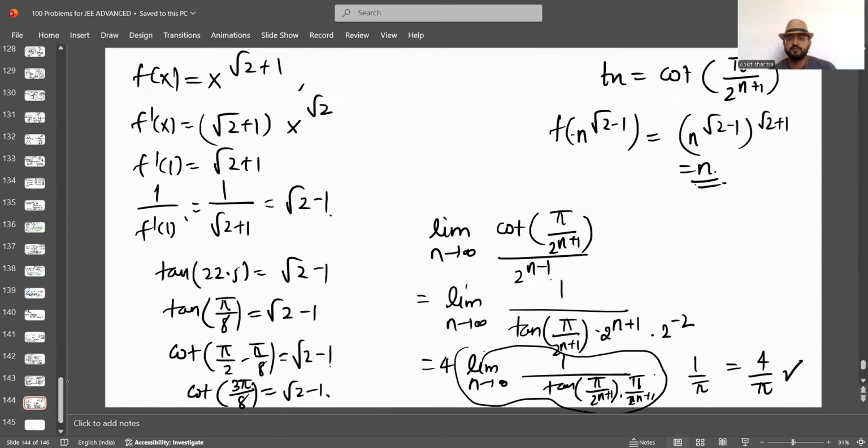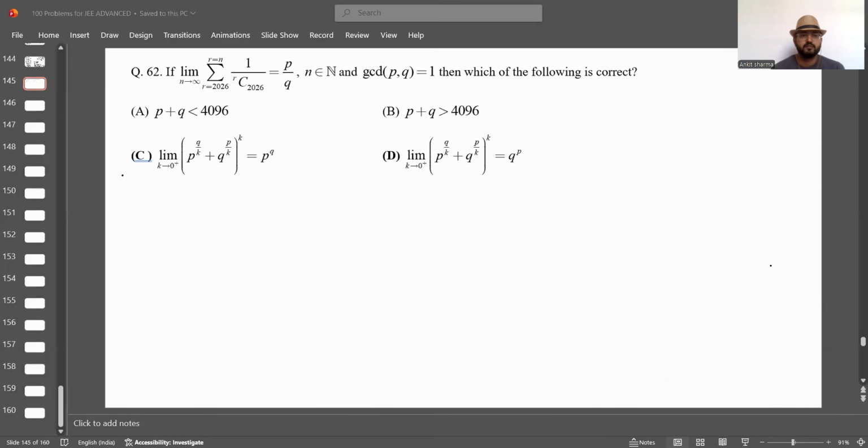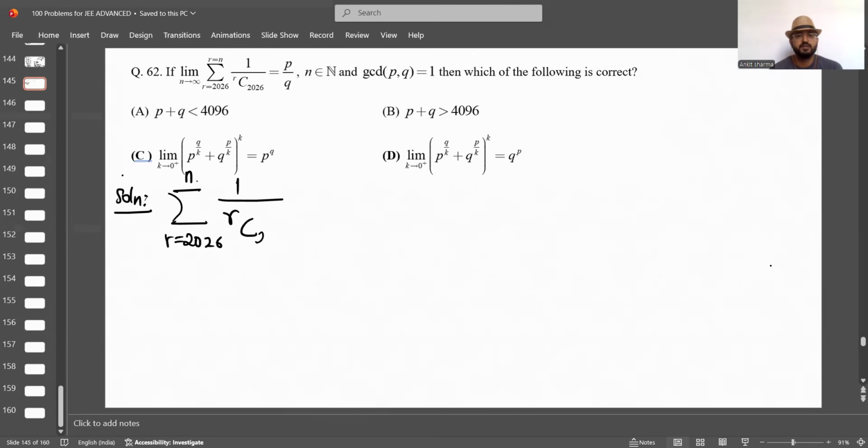Let's go to the next problem. And in the next one, 62, we have limit n tends to infinity, sigma R is equal to 2026 to n, of 1 over nCR, R starts from 2026.